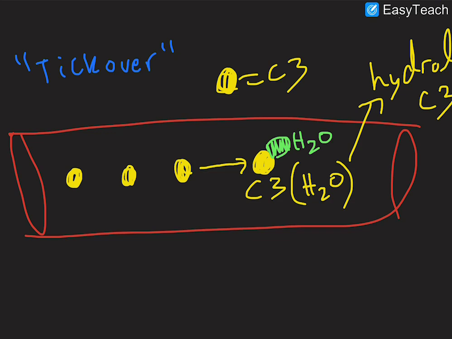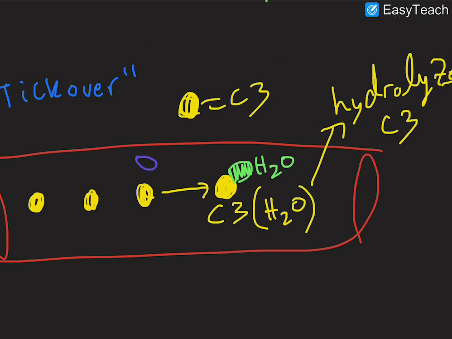Now, once we get hydrolyzed C3, the whole goal of this is so that we can start producing C3b. Once we have hydrolyzed C3, factor B will come next. We'll draw factor B in purple.